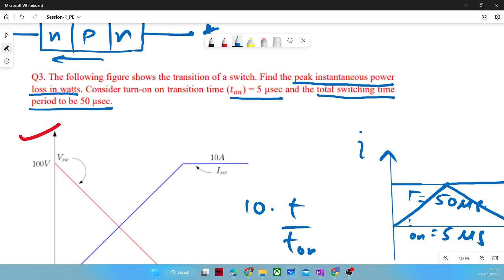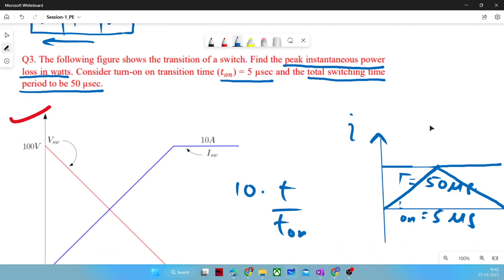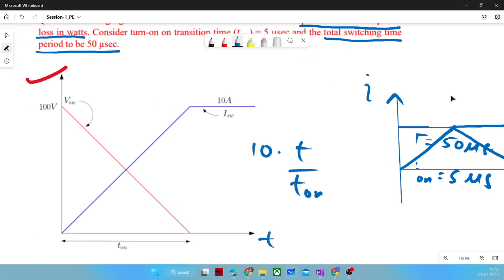So if we know the expression of voltage and current, we just need to find out the instant where this maxima will occur. If we plug in that time instant in the expression, we will be able to obtain the power loss or peak power loss.